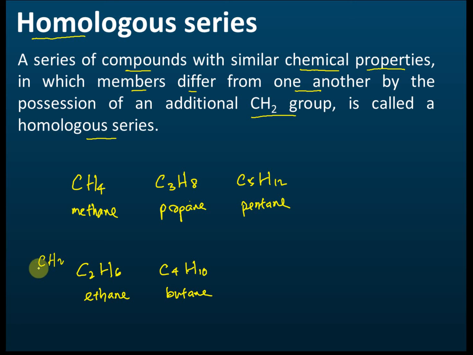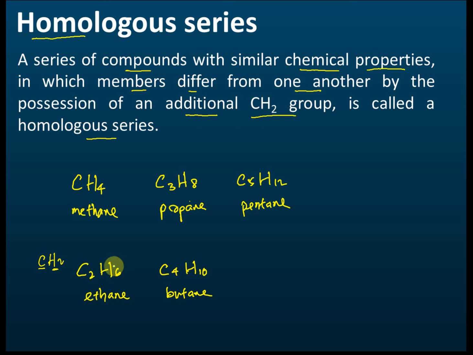Methane has 4 hydrogens, ethane has 6 hydrogens, which means 2 extra hydrogens. So the difference between methane and ethane is that ethane has an additional CH2 group.